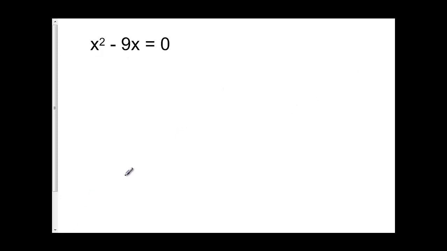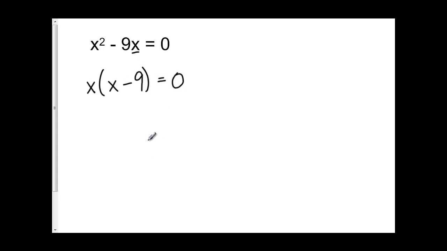Another type of factoring, if you look at this equation, we've got x squared minus 9x. Now this is not a difference of squares because this x term is not a perfect square. So the only kind of factoring we can do here is to factor out a common term. I can divide an x out of both, so I'm going to divide an x out of x squared and get x. I'm going to divide an x out of 9x and get 9.